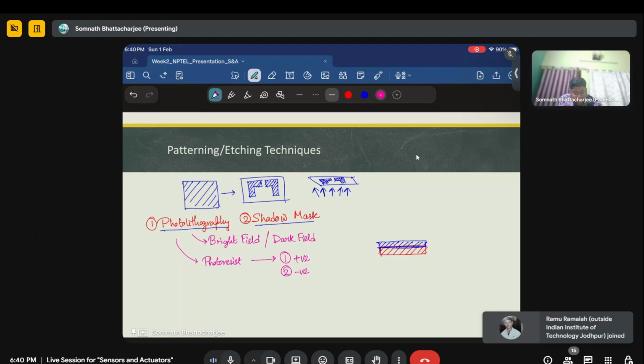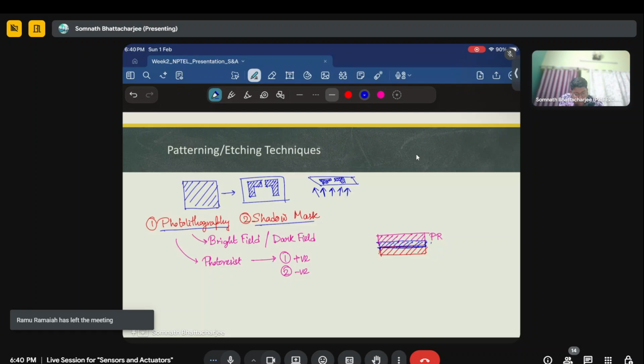So what will happen is that you will deposit a layer of PR onto this. So this is PR. Let me write it down. This is PR, this is the metal and this is your substrate.